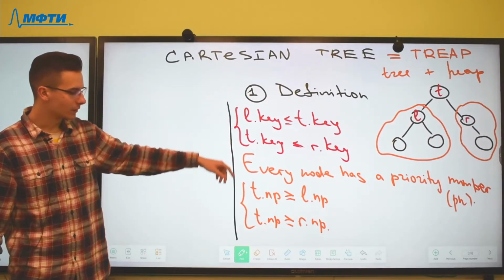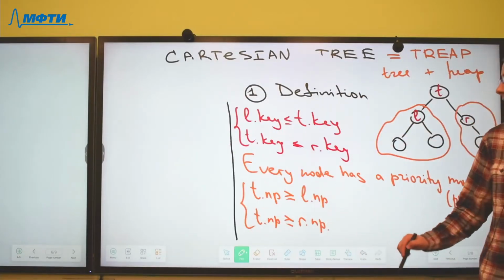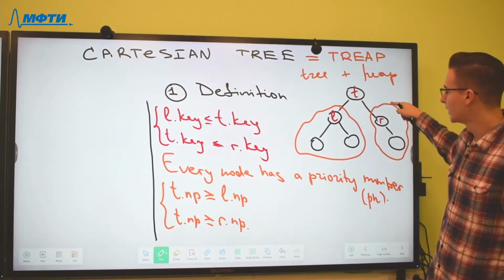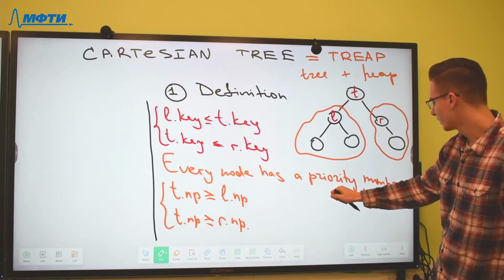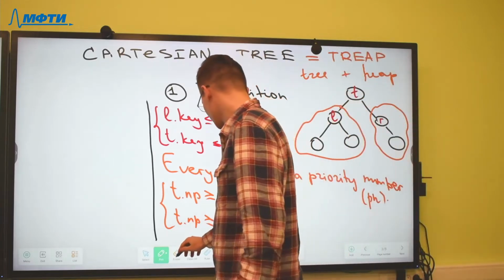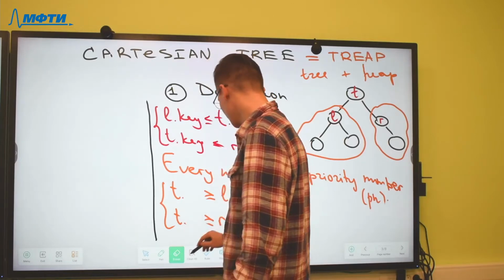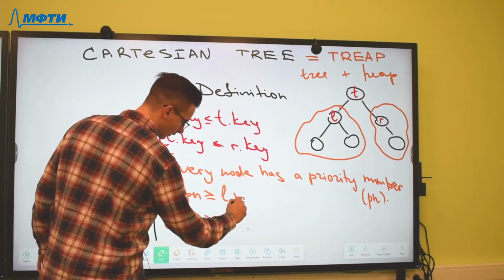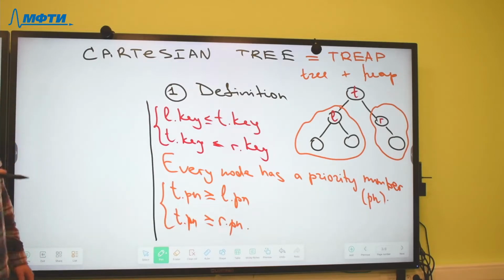So for all nodes, the key is bigger than the left key and less than the right key, and the priority number is bigger than the priority numbers of the children.